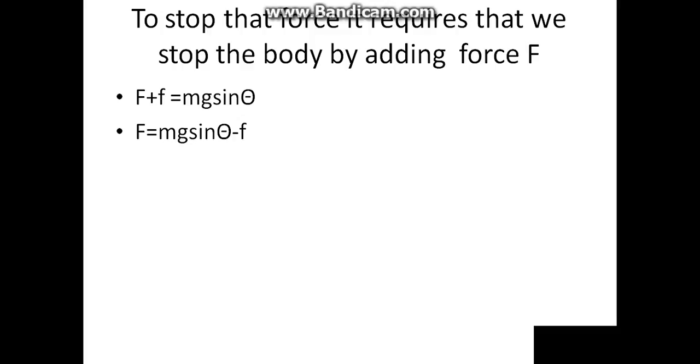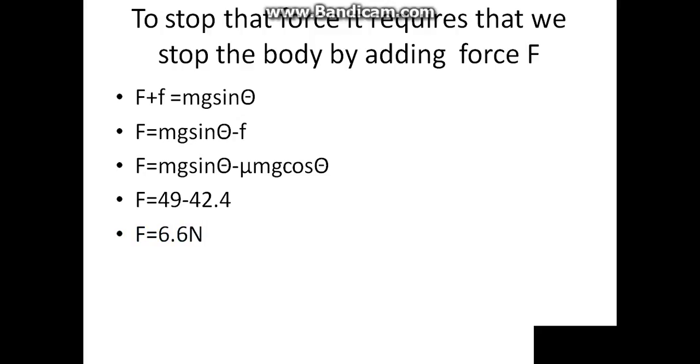Then capital F becomes mass times acceleration due to gravity sin theta minus coefficient of friction mu times mass times gravity cos theta. F is now equal to 49 minus 42.4, which gives F equal to 6.6 Newton.